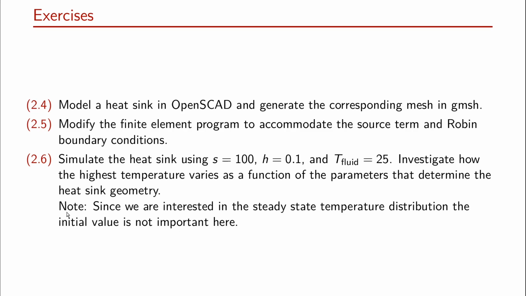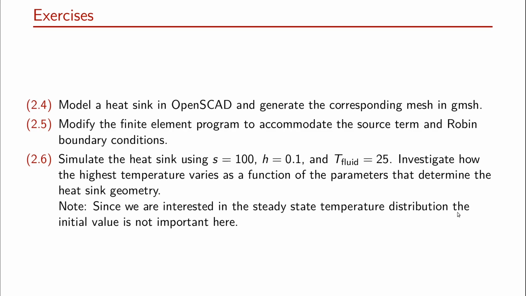Now, one thing of note: since we are interested here in the steady state temperature distribution, you should integrate long enough until you are sure that you are in the steady state. Maybe just track the highest temperature, plot this on a graph, and then you can easily see once this approaches the equilibrium.